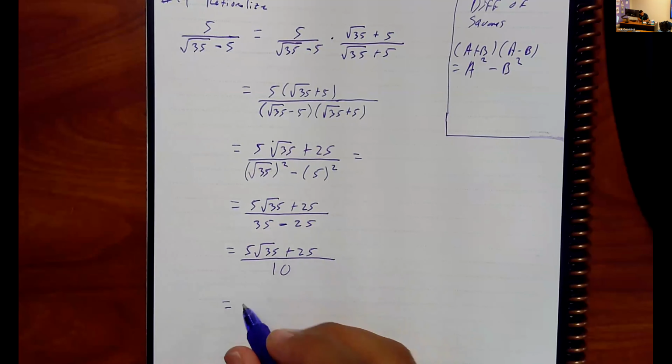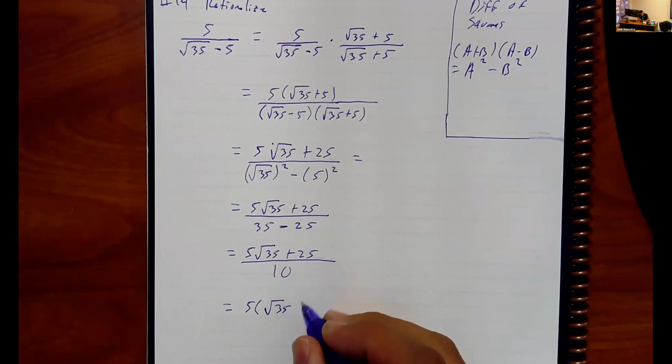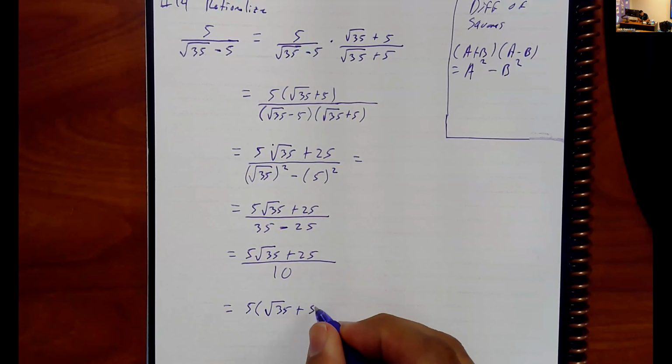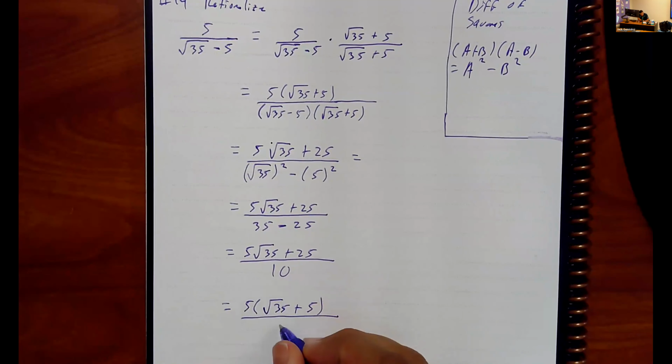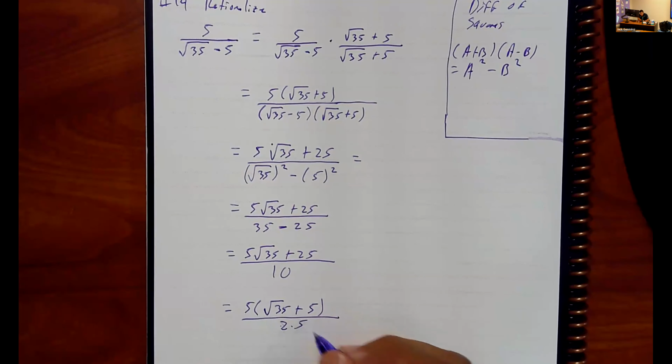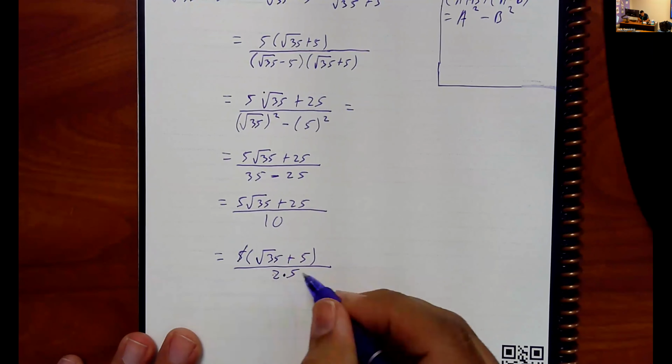Okay, so factor the top part. Yeah, I probably should have left it factored now that I see this, right? 10 is technically 2 times 5, isn't it? So these cancel.